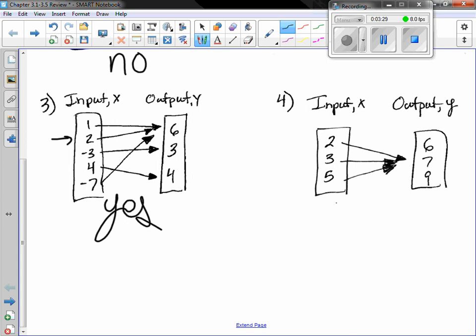How about number 4? Does each x value have exactly one y value? Because 2 is going to, 3 is going to, 5 is going to.